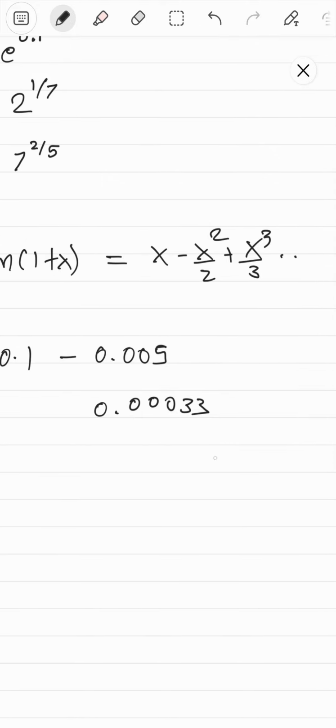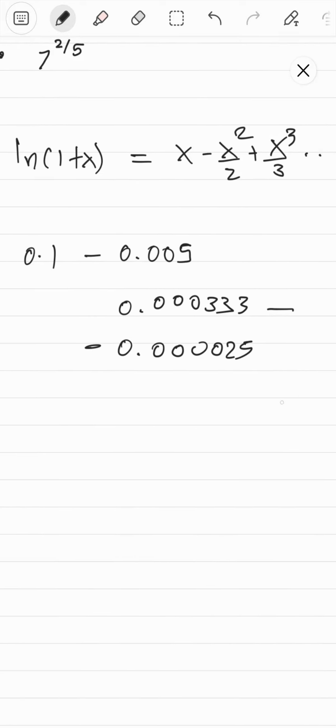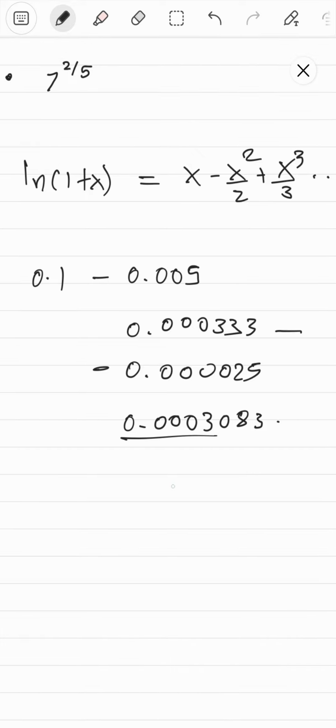So only these three terms are sufficient, because why even include the other terms? But of course you can include them. The next term is 0.0001 upon 4, which would become 0.000025 or something, and you can just keep on going, alternating in sign. This is good enough, I guess.